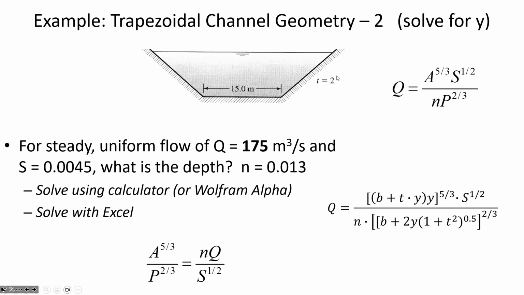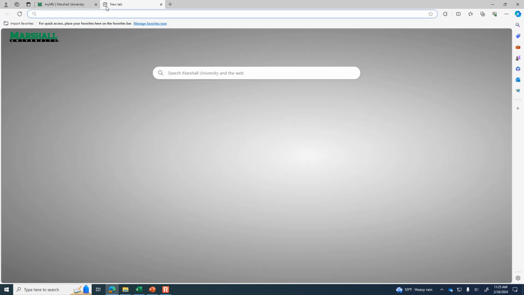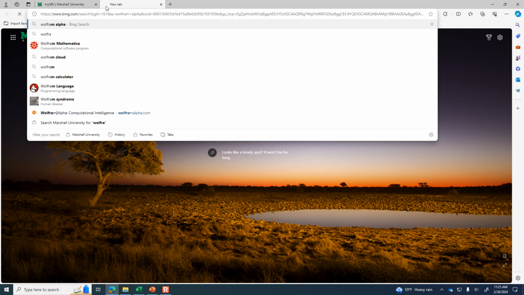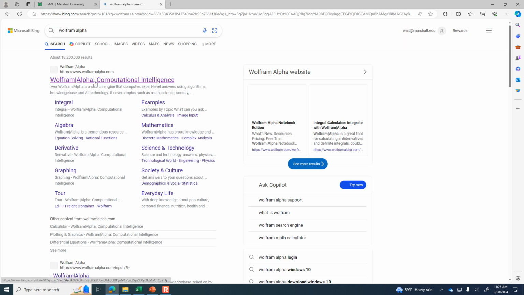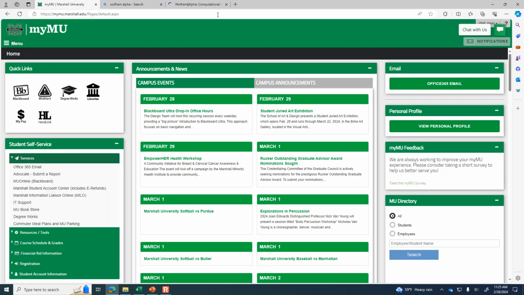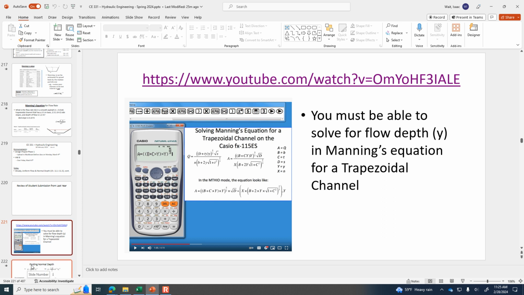I don't have a Casio emulator on here, so instead I'll solve this one with Wolfram Alpha. And you're welcome to follow along if you've got your laptop. You can follow along on Wolfram Alpha if you'd like. Okay. So let me just try and get both of these displayed at the same time.